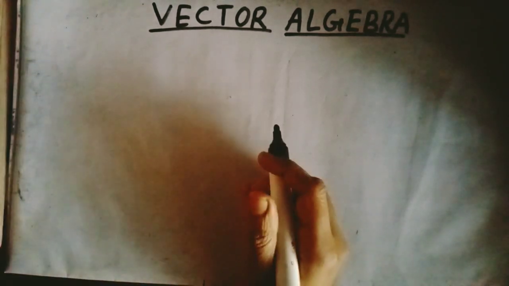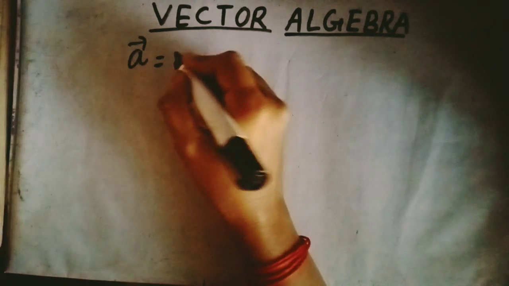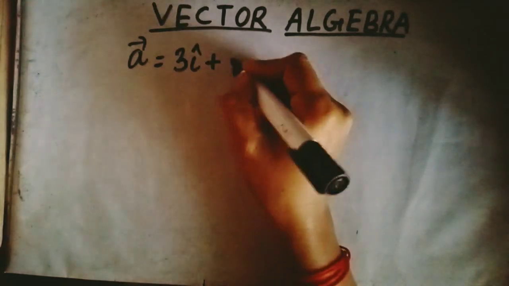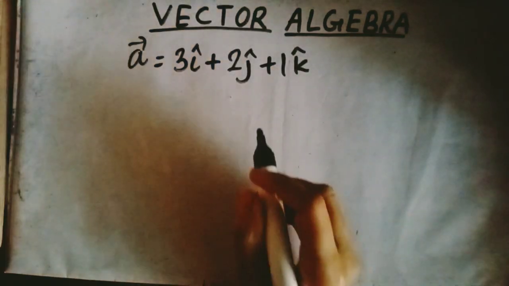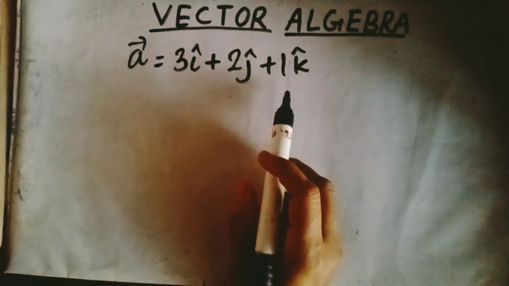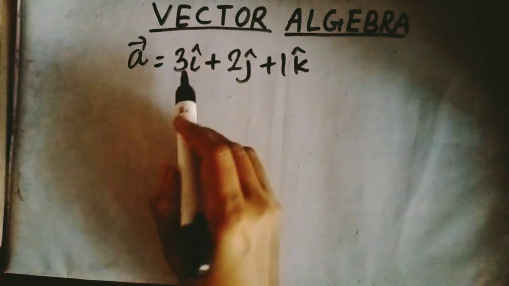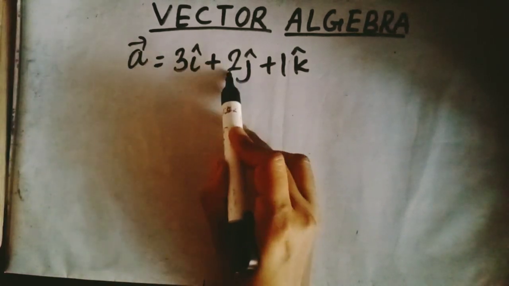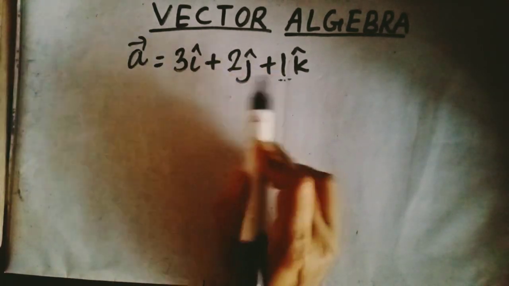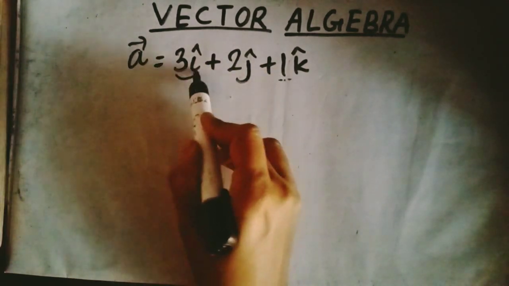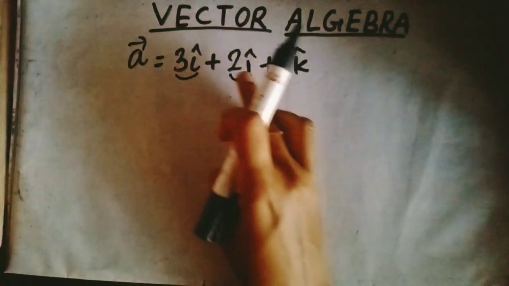Let's write one example. Say a vector is given, suppose 3i plus 2j plus 1k. Now these, 3, 2, and 1, are your scalar components. Together with this, that is 3i, 2j, and 1k are called vector components.